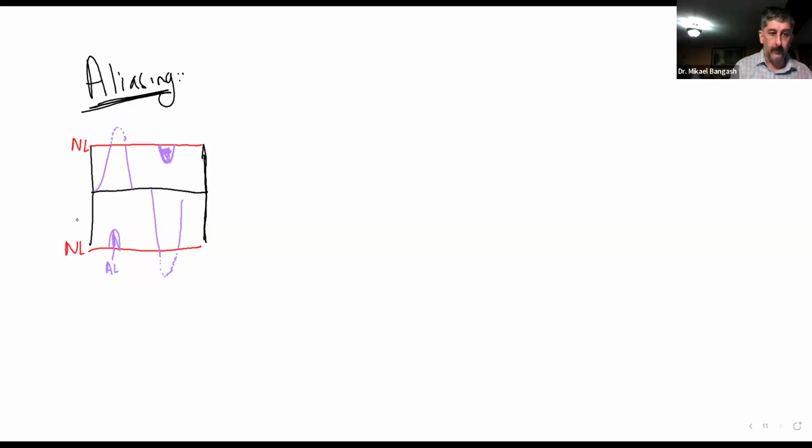But what we can actually see about what becomes aliasing is that there were very, very high Doppler shifts, higher than the Nyquist limit or the maximum velocity.